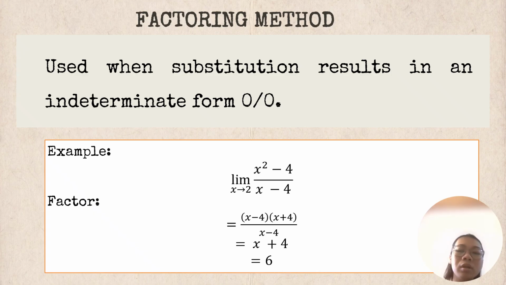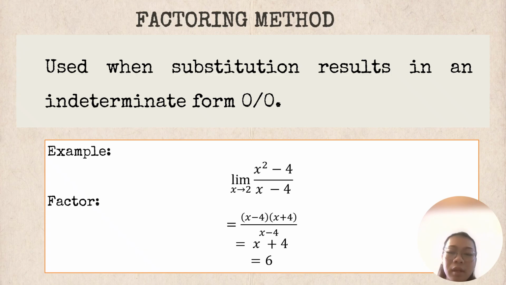The next method is the factoring method. The factoring method is used when direct substitution produces an indeterminate form such as 0 divided by 0. In this situation, we factor the numerator or denominator and simplify the expression.